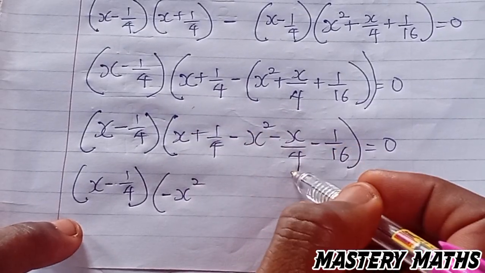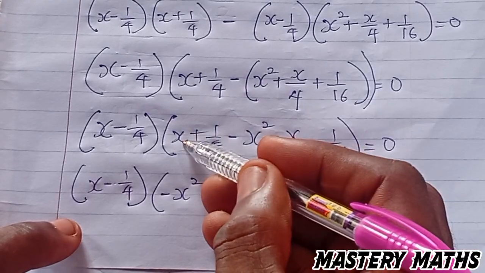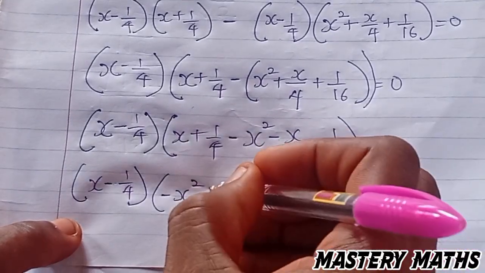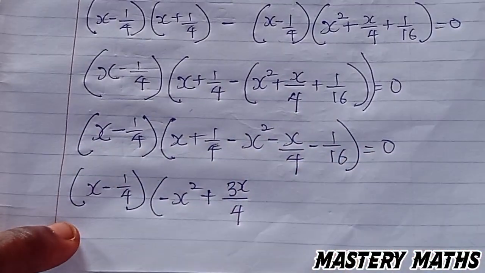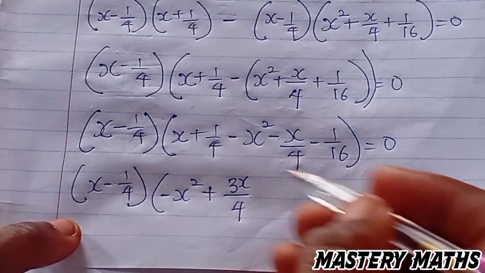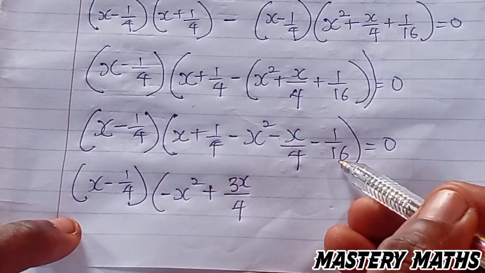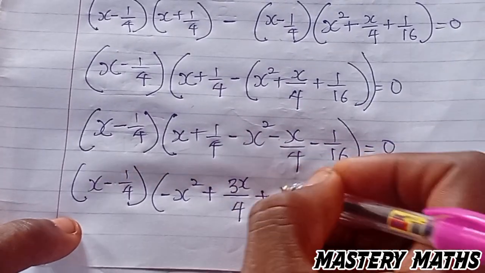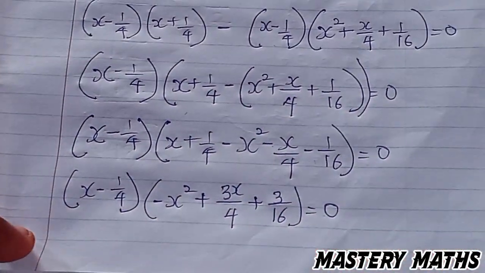That gives us 3 because 4 times X is 4X, and 4X minus X will give us plus 3X over 4. Now the next one we take: plus 1 over 4 minus 1 over 16. The LCM of 4 and 16 is 16. When you subtract, it gives us plus 3 over 16 equal to 0.